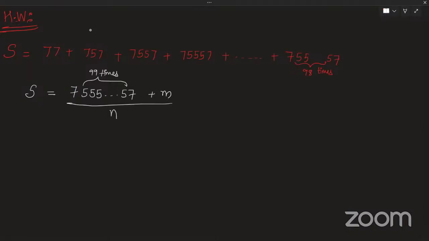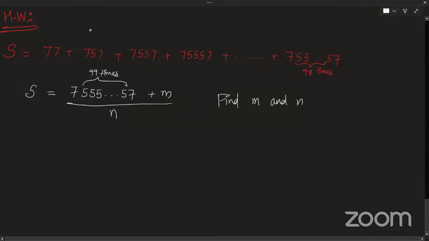Basically, when you add up these things and you get the value of S, you will need to represent your value of S as a sum of this thing plus m by n, where it is coming 99 times. And you need to find m and n. Two numbers, m and n. Fine.